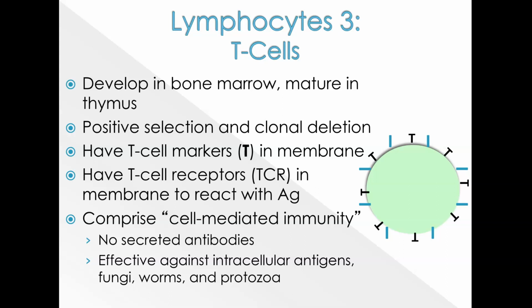They don't secrete any kind of antibodies, but they're really effective against cells that have some type of infection inside them: virally infected cells, cells that have an intracellular bacterial pathogen, cells that are damaged, cells that are metastatic or even pre-cancerous. And they're also really good, again, this isn't such a big deal for us anymore, against multicellular parasites, right? Worms, protozoans, the bigger pathogens that we don't really think about anymore because we don't usually have them.